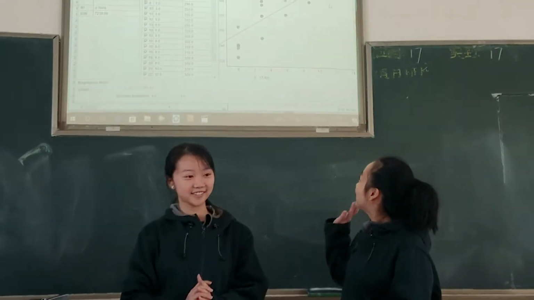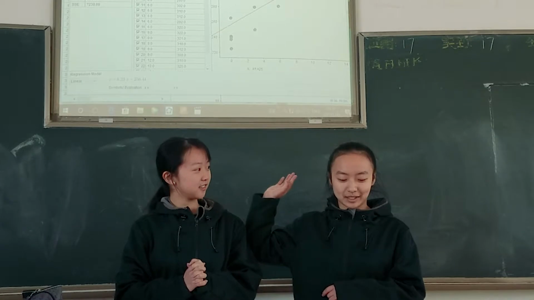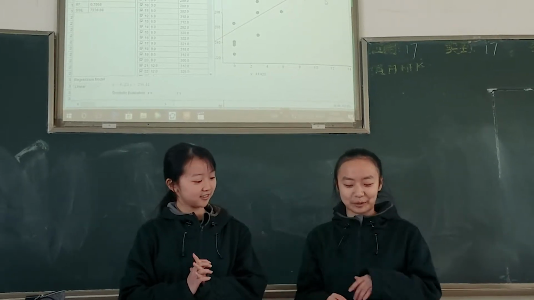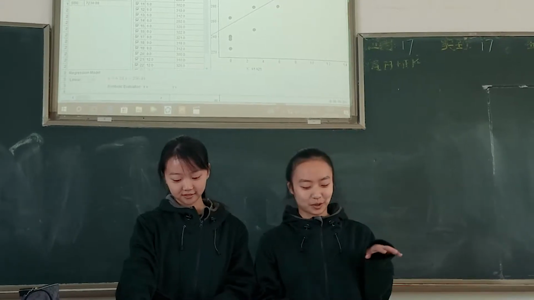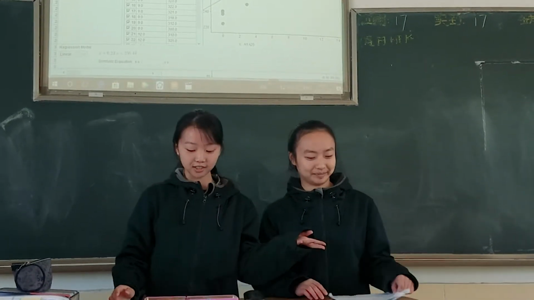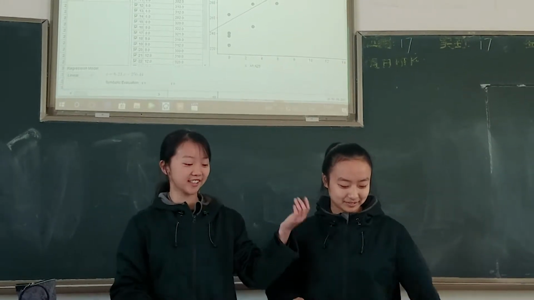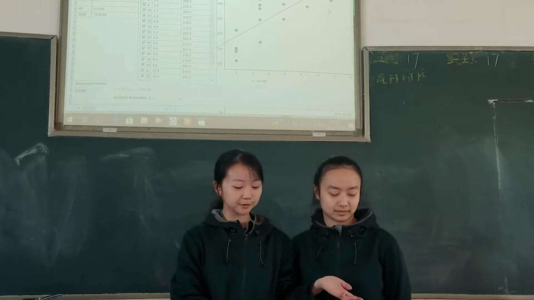So beyond 12 seconds is out of the given range, so we cannot make the prediction. It is called extrapolation. From the graph we can see it seems like tapping really reduced the amount of cola that spilled out.